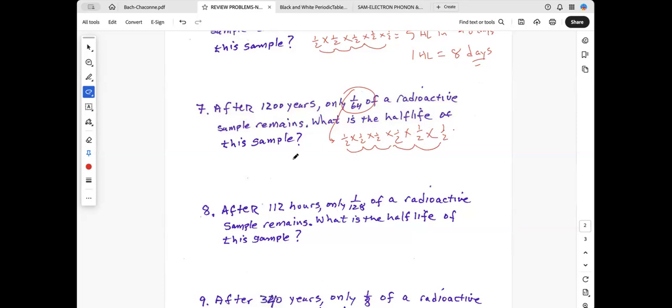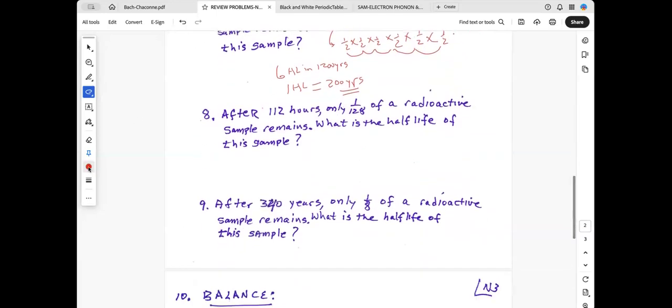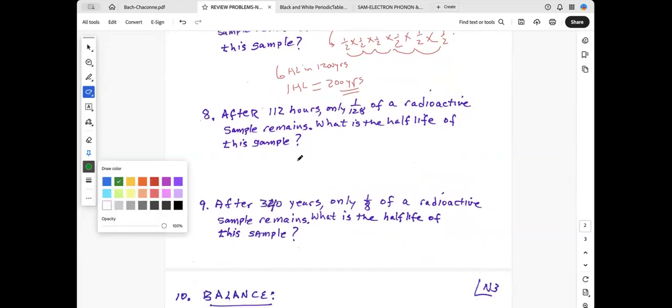So we have 6 half-lives in 1,200 years. So 1 half-life, just divide by 6, should be 200 years. Not so bad. Okay, next one, same thing. You should try to do these before I do them, pause this and do it.